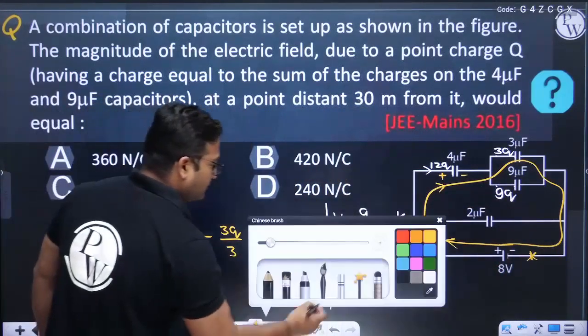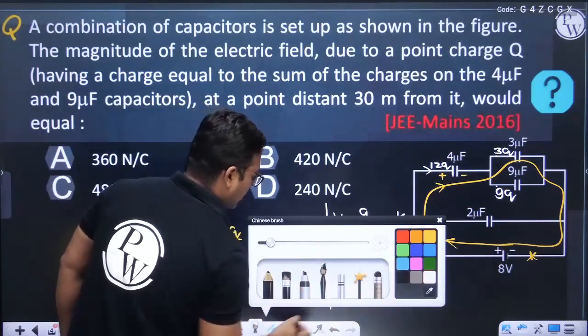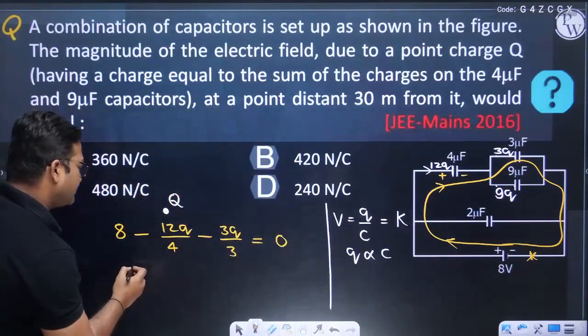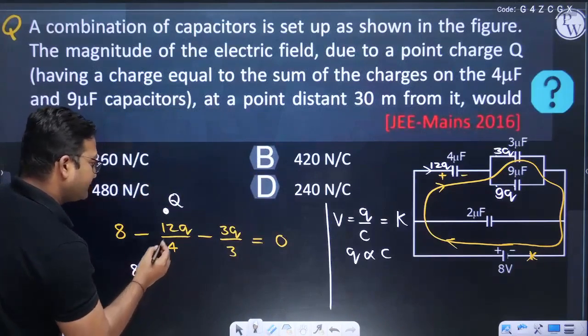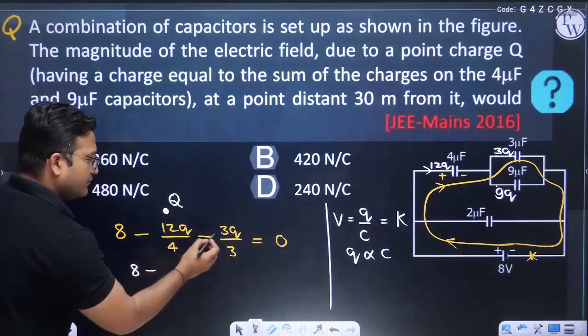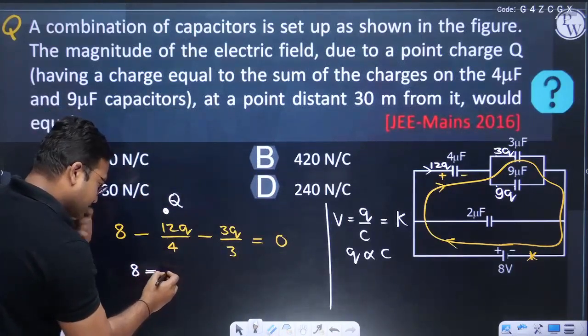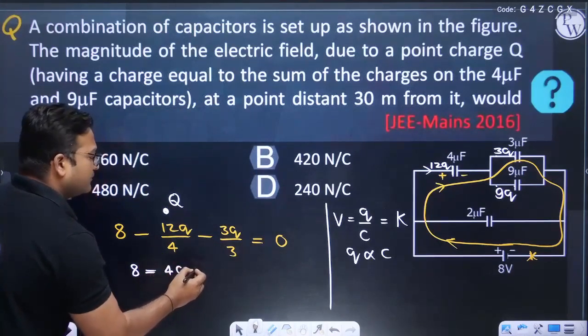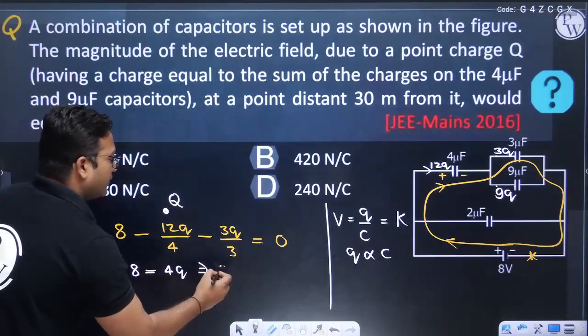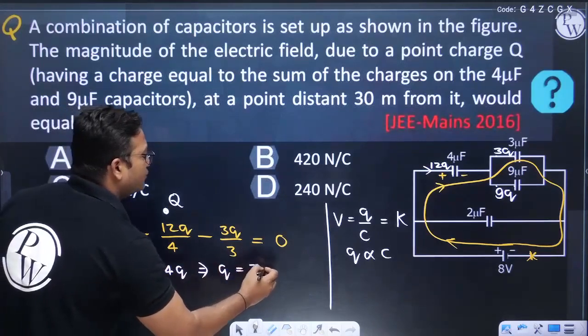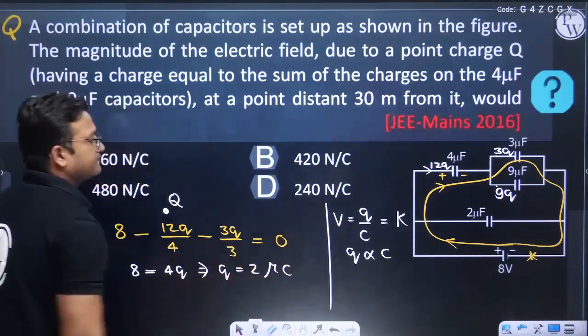Okay. And now on solving this, you will get 8 minus 3Q minus Q, that is 8 equals 4Q, and this gives you Q equals 2 microcoulomb.